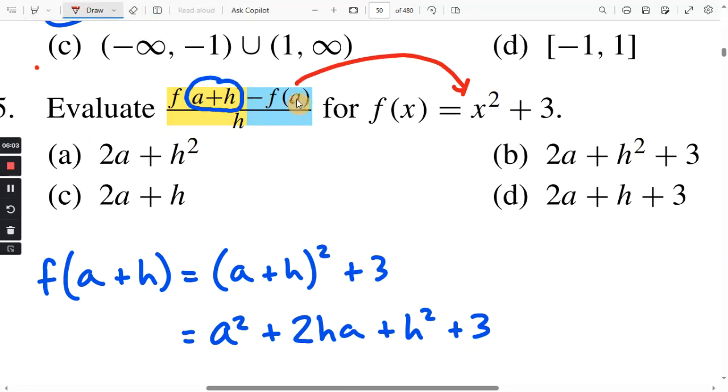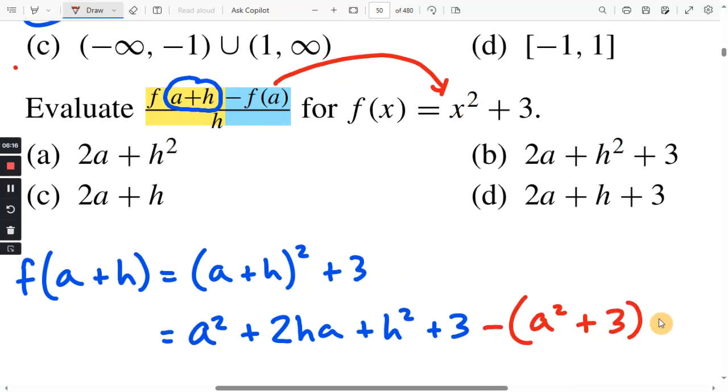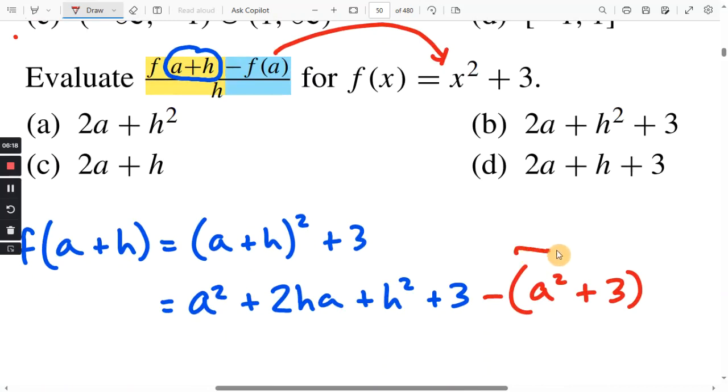So it's going to be minus f of a. It's going to be minus this whole thing. I'm plugging in a, so that's going to be a squared plus 3. All right. So this part here is my f of a. This part here was my f of a plus h.